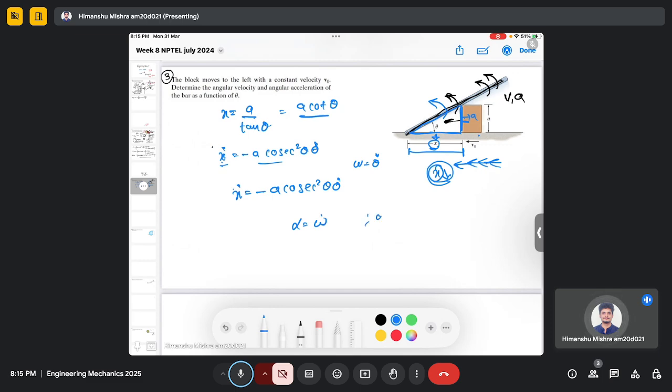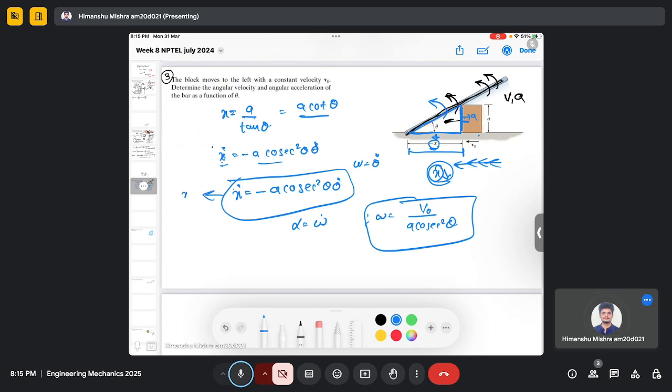So you already have omega, which is v naught by a cosec square theta. So either you can take the time derivative of this, which will give you x double dot, and x double dot will be equal to alpha. Or you can take the time derivative of this, so it will directly give you omega dot, which is alpha.